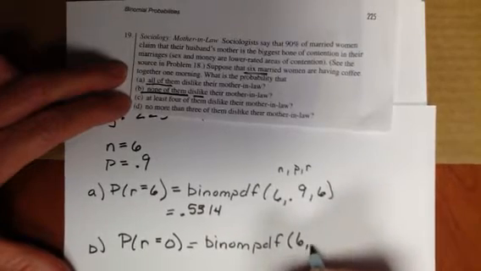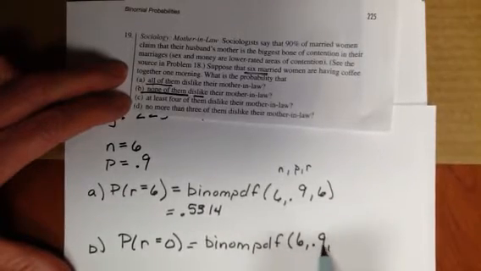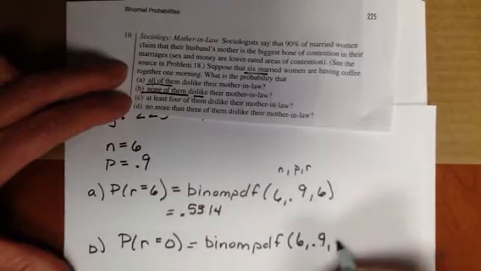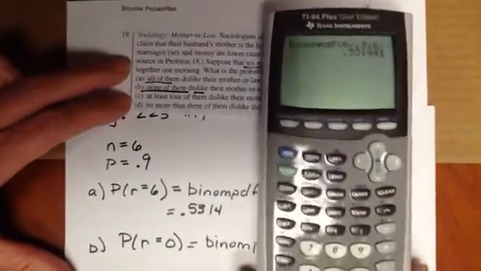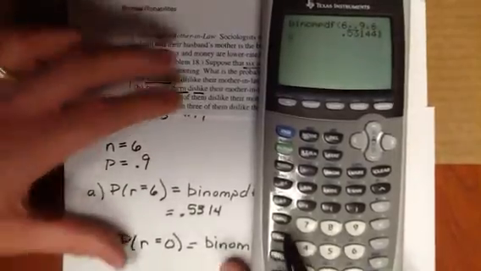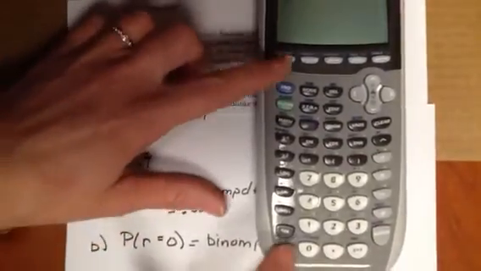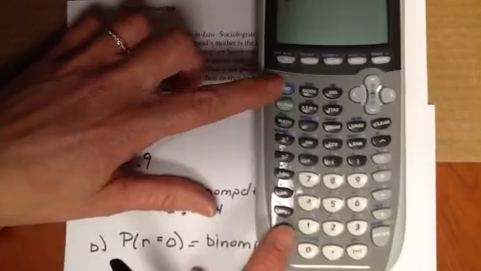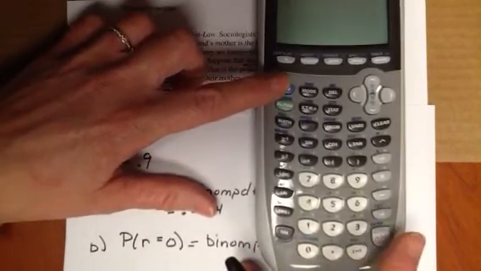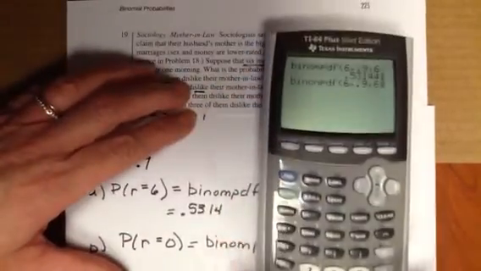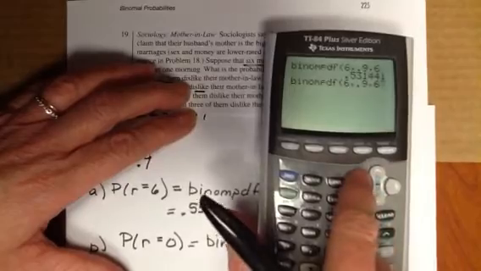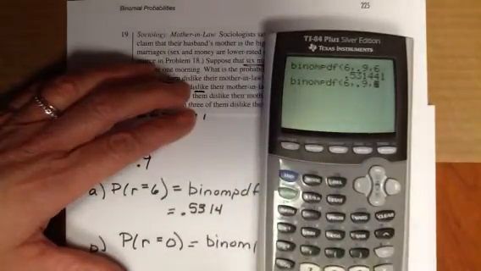N is 6, P is 0.9, and our R is 0. So in your calculator, one thing you can do that's kind of cool is if you do second enter, it will bring up the last thing you typed up and allow you to arrow back and change it. So I'm going to change that to 0.